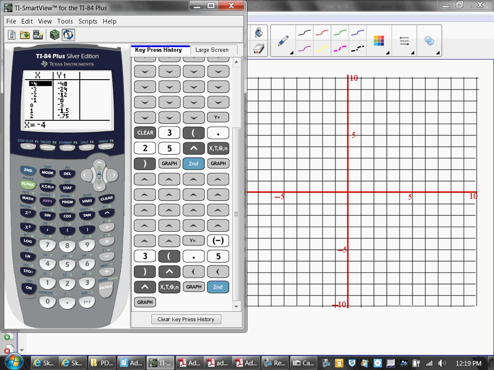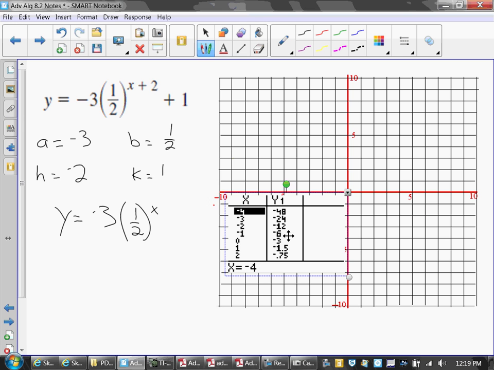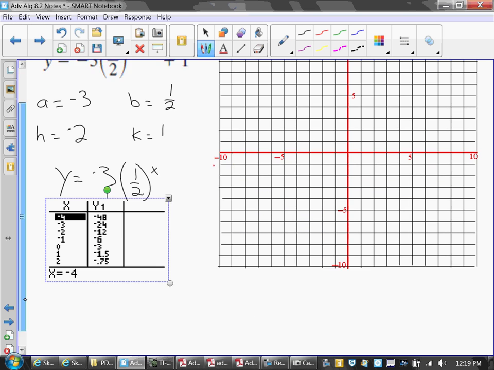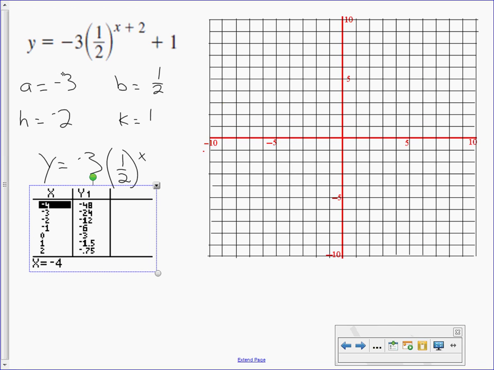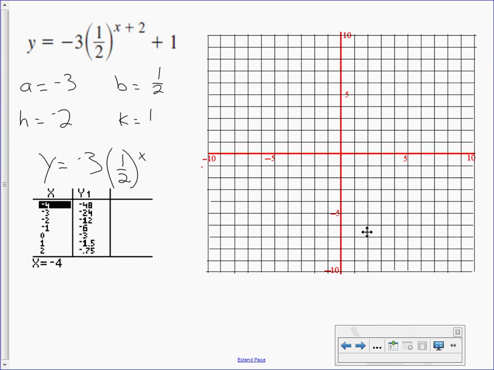And once you get into the table from there, you're just able to plot some points off your table and then shift everything. So here, once again, I'm going to just kind of slide this over so it's on here. At -2, it's at -12, it's down here. -1, -6, 0, -3, 1, -1.5, 2, -3/4. So here is my parent function.